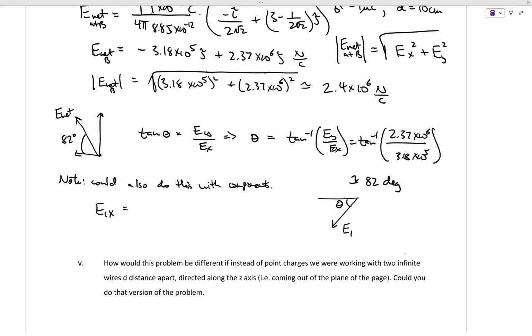So E1x would be basically k q1 over the distance, and everything is the same, root 2 d squared, times a factor of cosine theta, and we know that would be in the negative I hat direction. And cosine theta, notice the thing was a square, so that theta was 45 degrees.